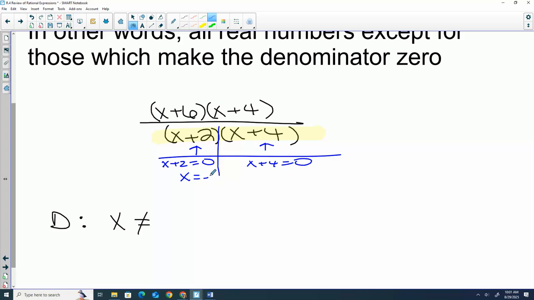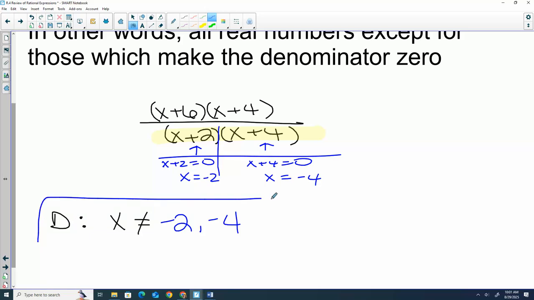Subtract the 2 and we get -2. Subtract 4 and we get -4. So my domain is x can't be -2 or -4. Because if it's either one of those, when I plug them into the problem, I get 0. Is that one okay?